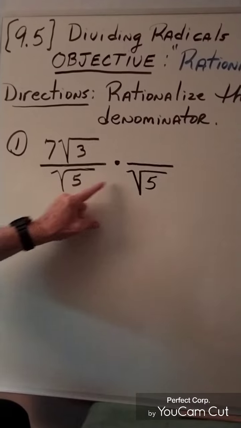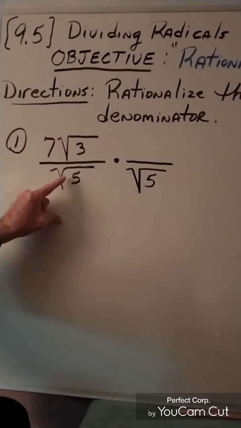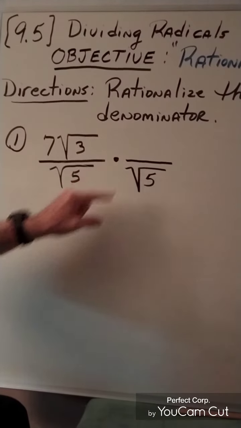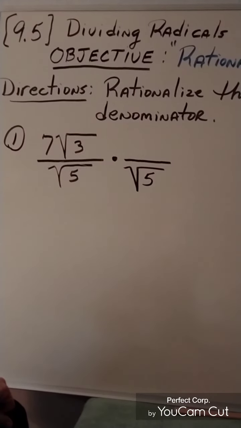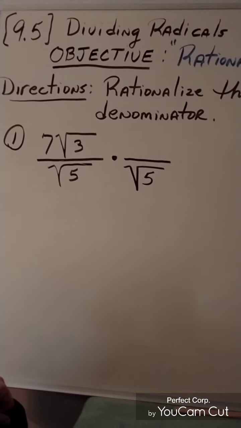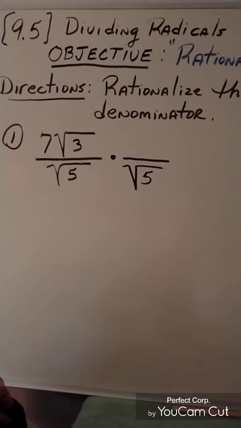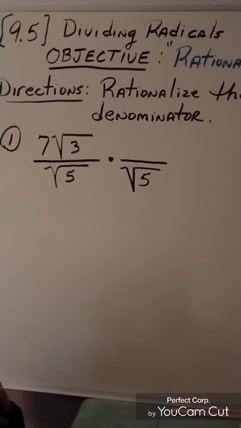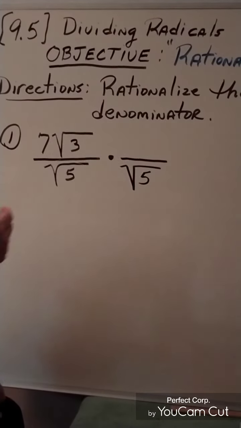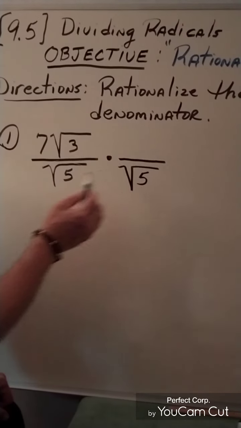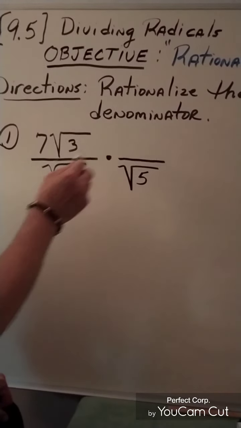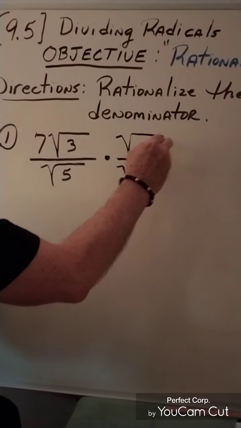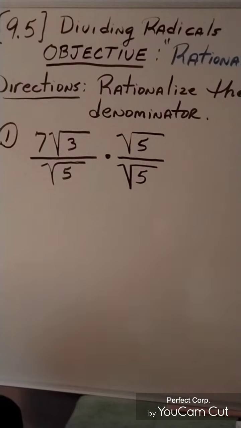I now have two factors of 5. If we multiply these two radicals together, we will get the radical of 25. And the radical of 25 represents a rational number, which will give us a final denominator of 5 when we find its square root. But whatever we do to the denominator, we have to do the same thing to the numerator, so we're going to have to multiply the numerator by that same radical of 5.